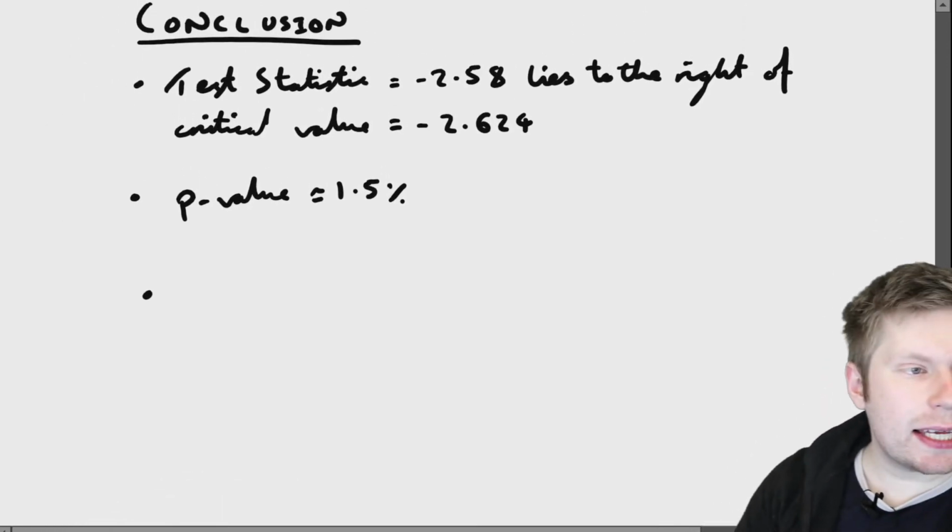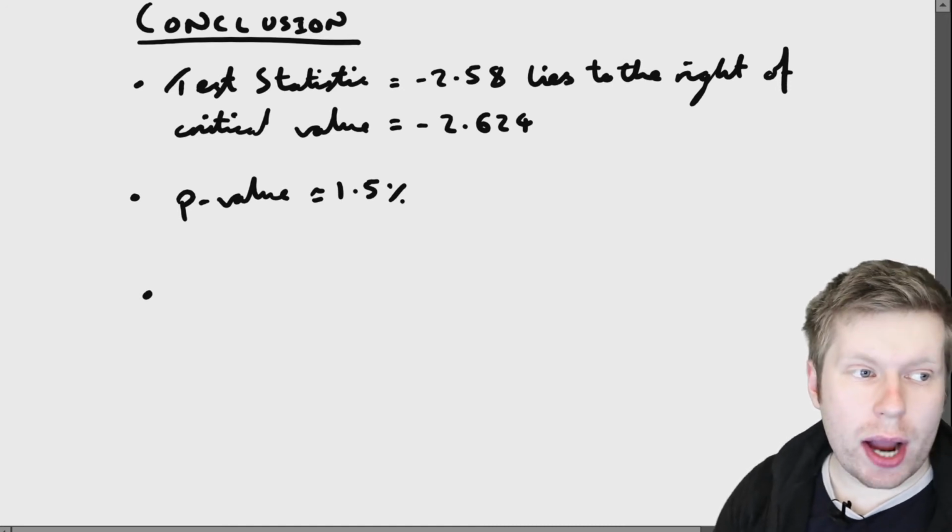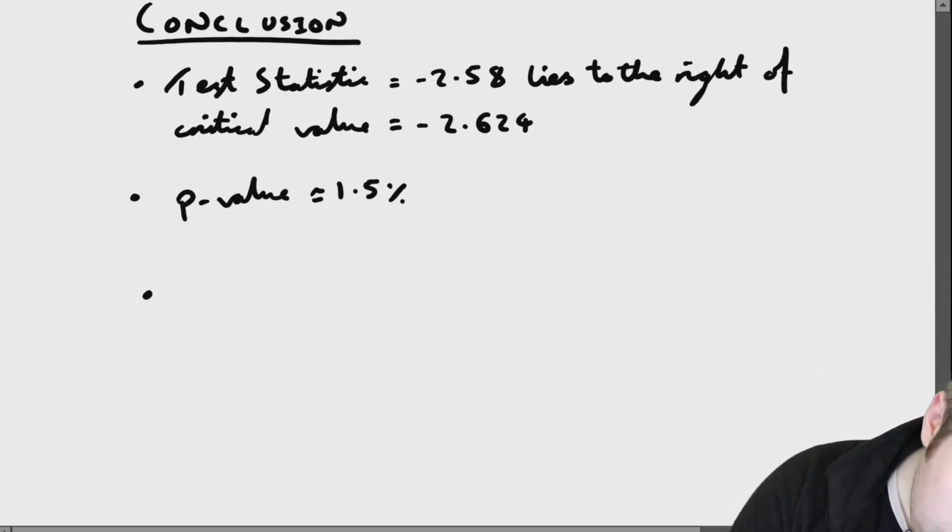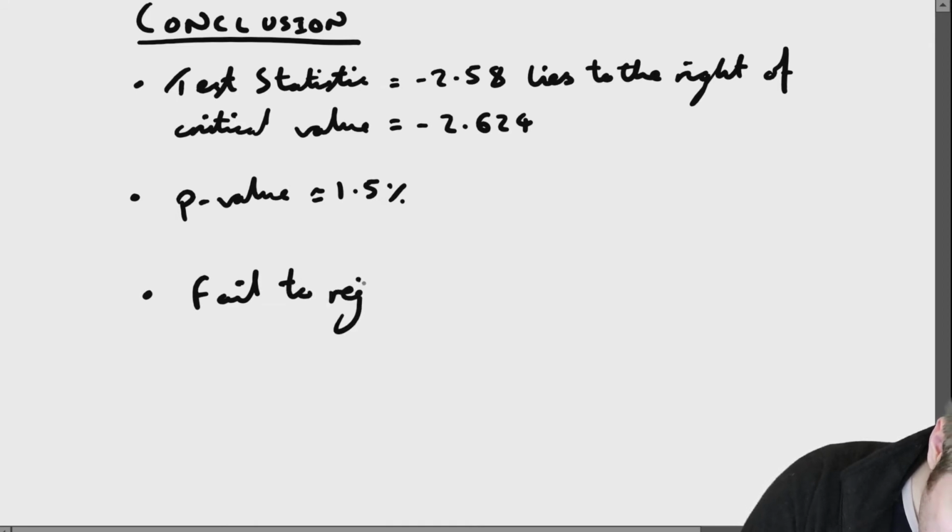So based on our test statistic, because the test statistic lies to the right of our critical value, I can basically say that we fail to reject the null hypothesis.